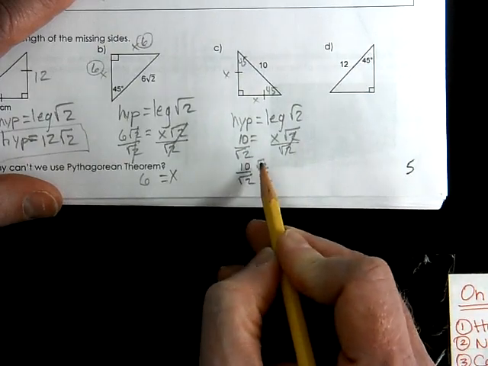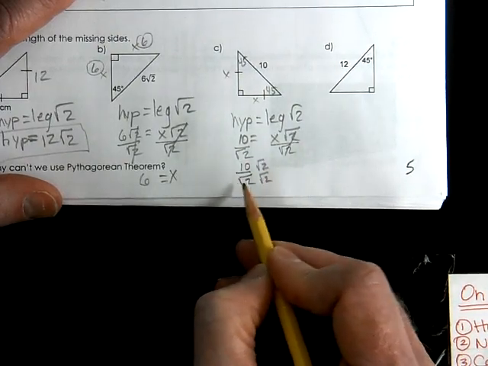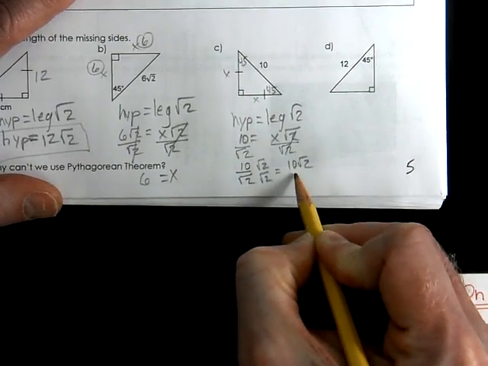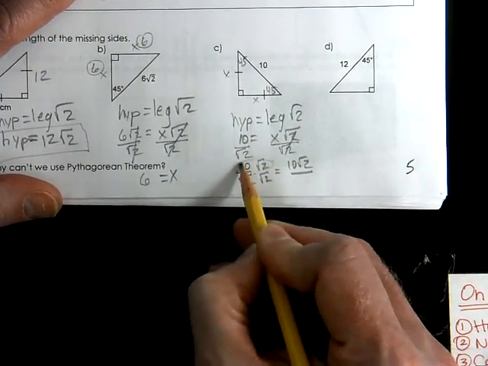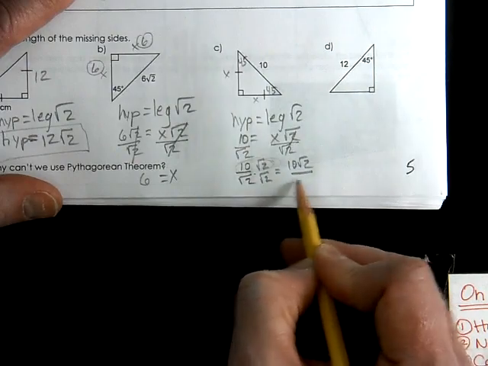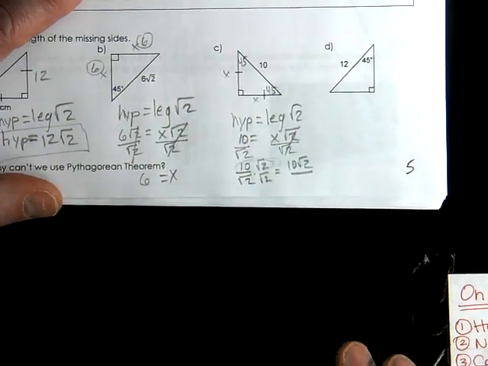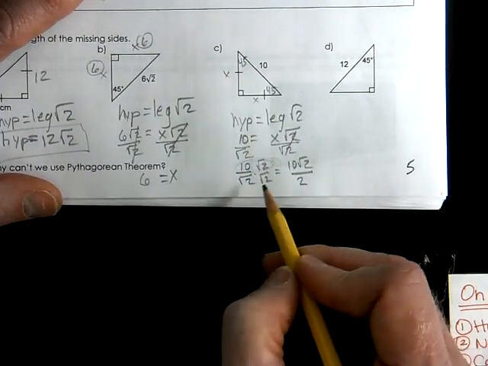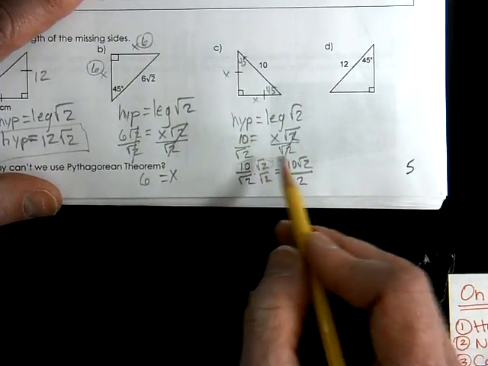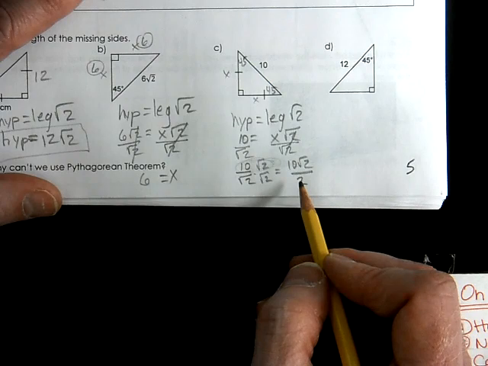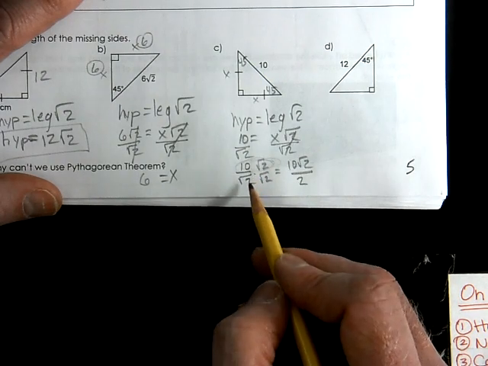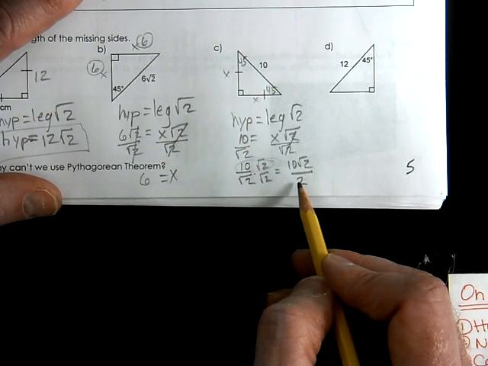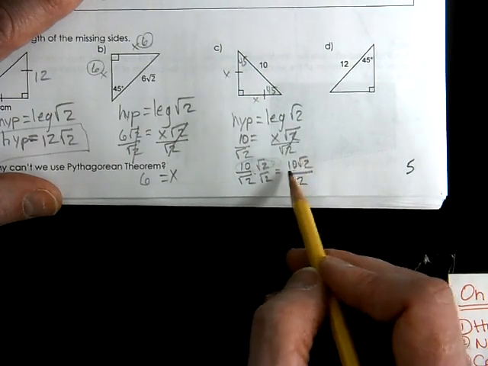Rationalize, you have to multiply the top and the bottom by this root 2. That gives you 10 root 2, because those multiply together. What does the bottom give you? Gives you just a 2. It does not cross out. The answer is not 10 root 2. Root 2 times root 2 gives you 2. Now you might say the answer is 10 root 2 over 2.